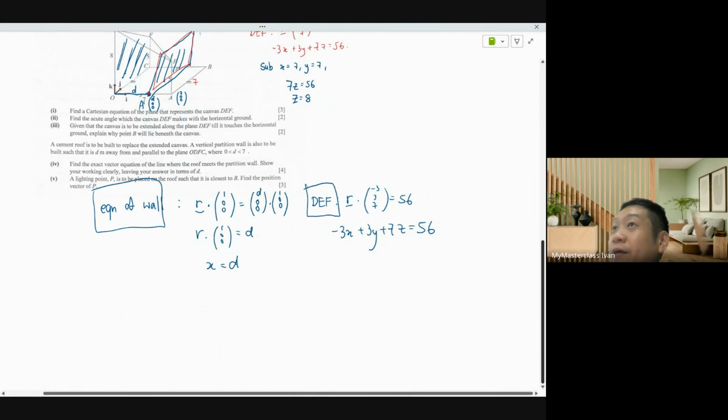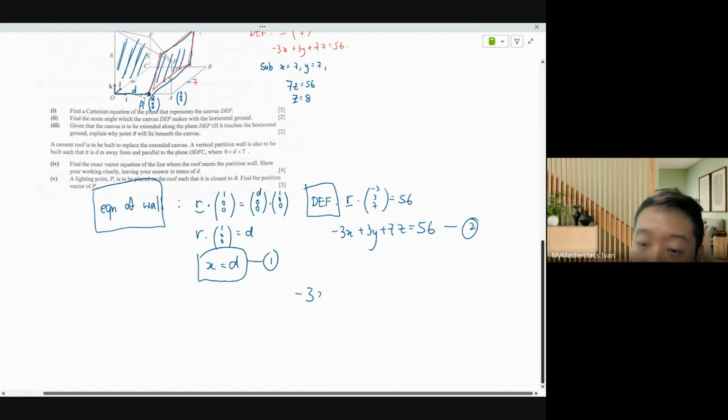When a plane meets another plane, you get a line, right? Yes, very good. So remember, a line must have one of them as lambda. I have x equals d, which is equation 1, and this is equation 2. So you put in -3d plus 3y plus 7z. X equals d, you got this.